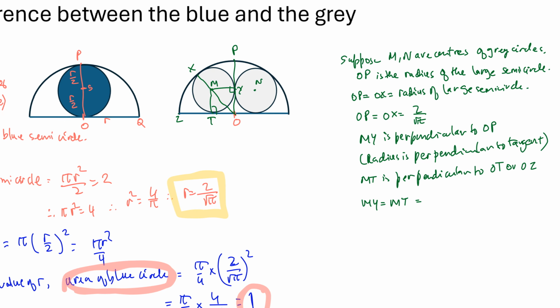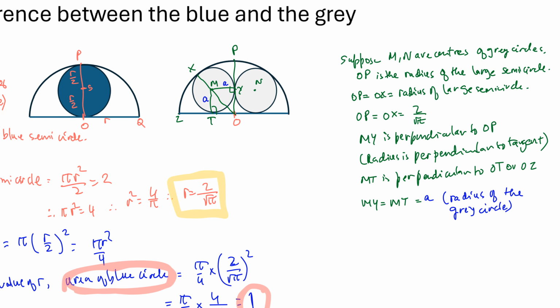Suppose I call it A. So A is the radius of the gray circle.